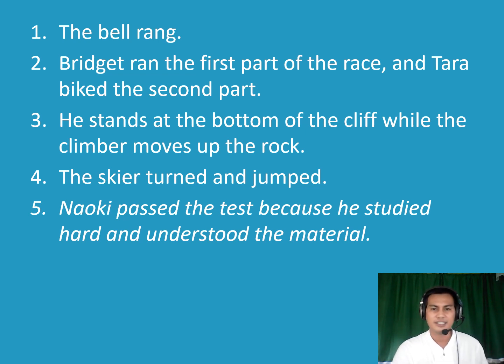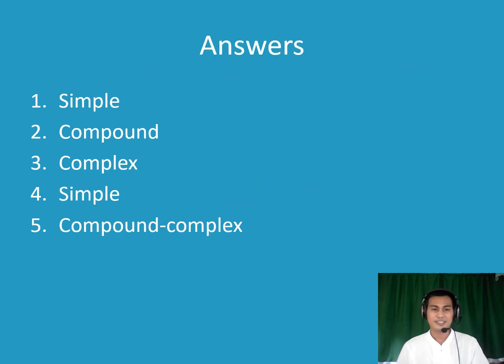Here, because he studied hard and understood the material, that's now a compound complex sentence. Let's check our answers. Number 1, that's simple, correct. 2, compound, correct. 3, complex. 4, simple. 5, compound complex.